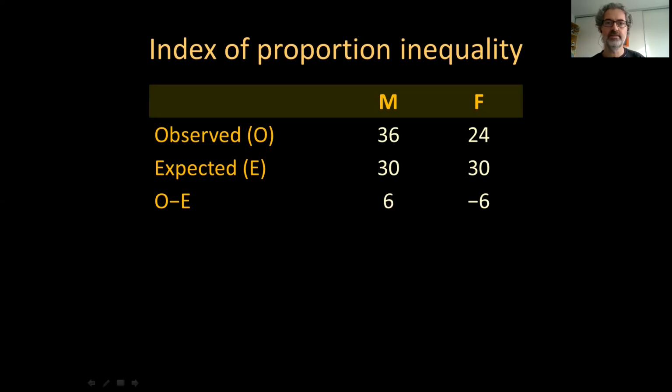This is a familiar situation. So we can't really add up all the deviations to have an index of how far from expectation we are. What do we do when we have unwanted negative numbers that add up to 0 with all the corresponding positive numbers? We use our mathematical trick of multiplying these numbers by themselves, so raising them to the second power. In this way, both become equal to 36.